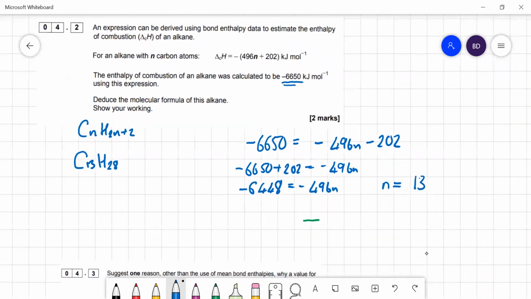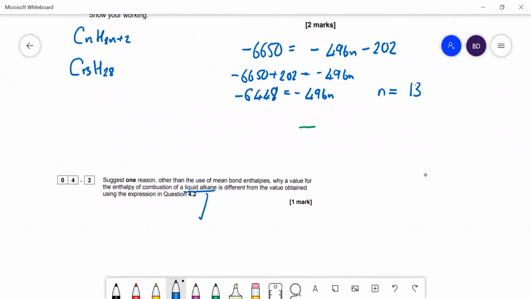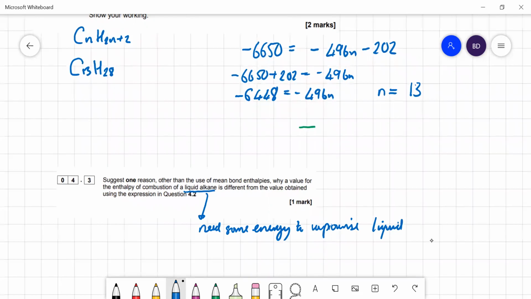So for a liquid alkane, you need some energy to vaporize the liquid. That means you're going to get slightly less energy out from the enthalpy of combustion than you might expect.